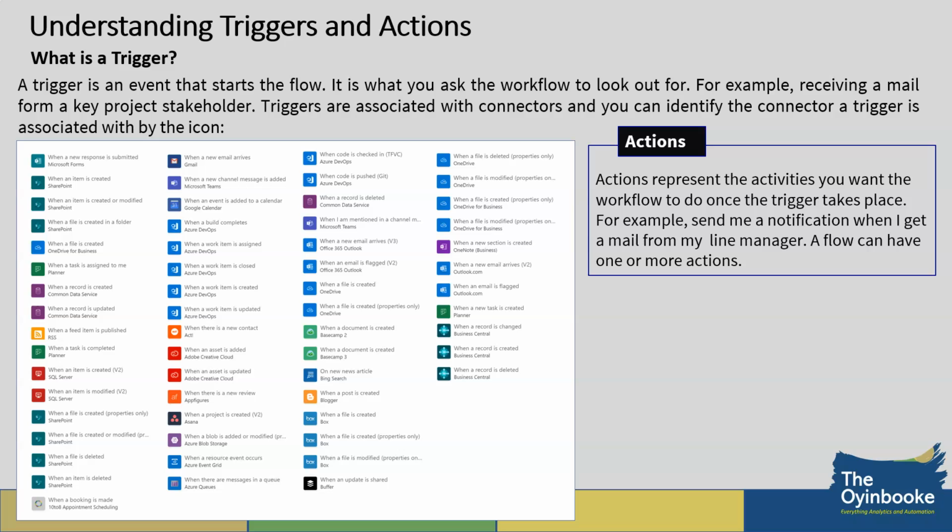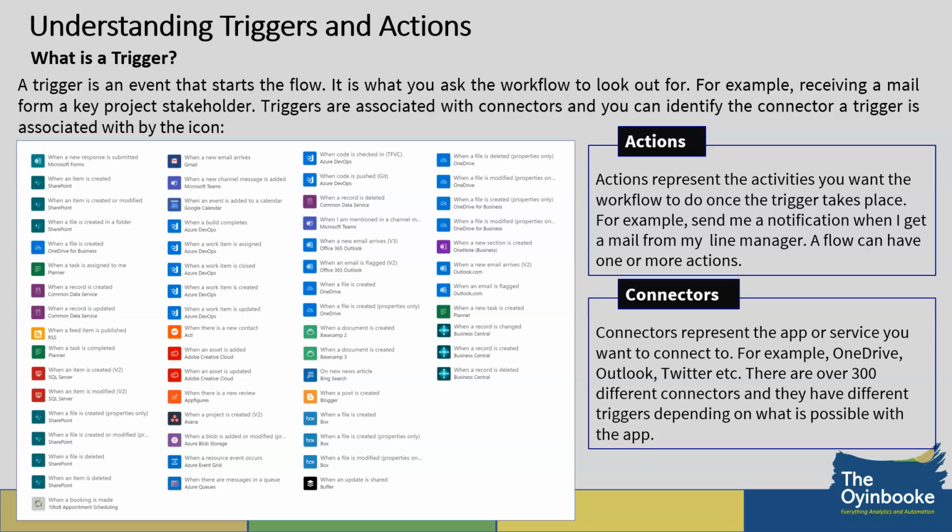Actions represent the activities you want your workflow to do once your trigger takes place, which involves send email to someone or send a notification to me. But whatsoever the task, the action is, whatsoever the event you want to carry out or the activities you want to perform, once your flow is triggered, that is called actions.